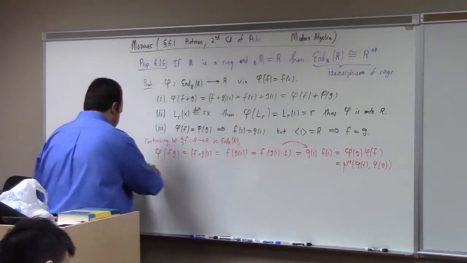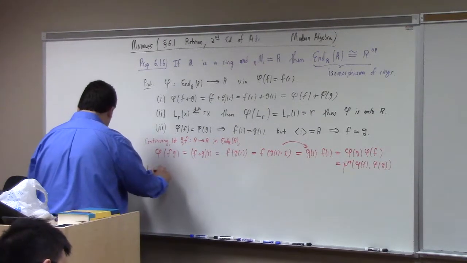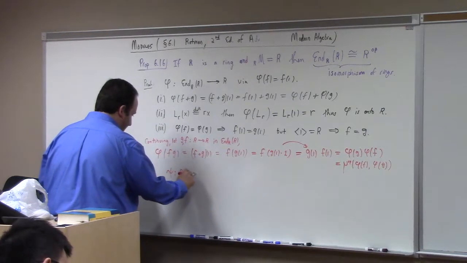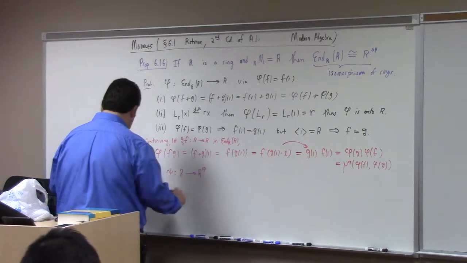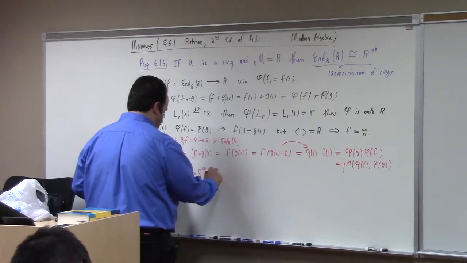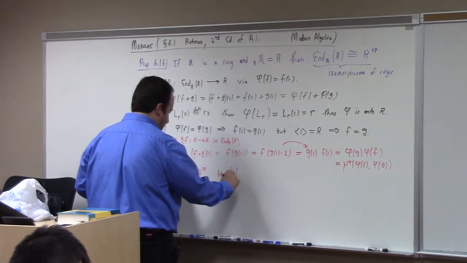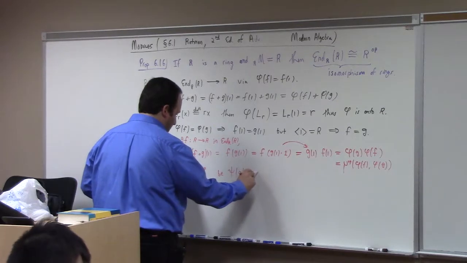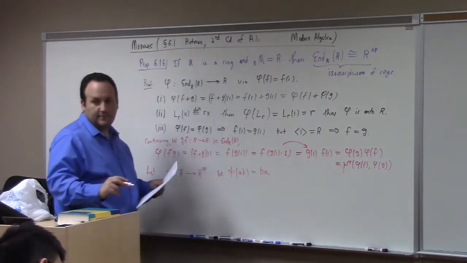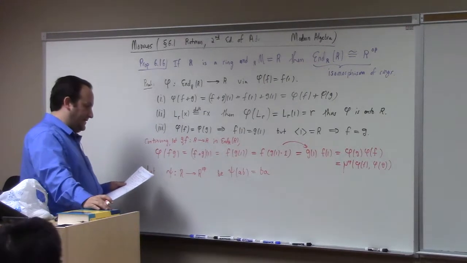And then he doesn't say this, but I'm saying it. Let psi be a mapping from the ring to the opposite ring, defined by psi of AB equal to BA. So the anti-isomorphism.